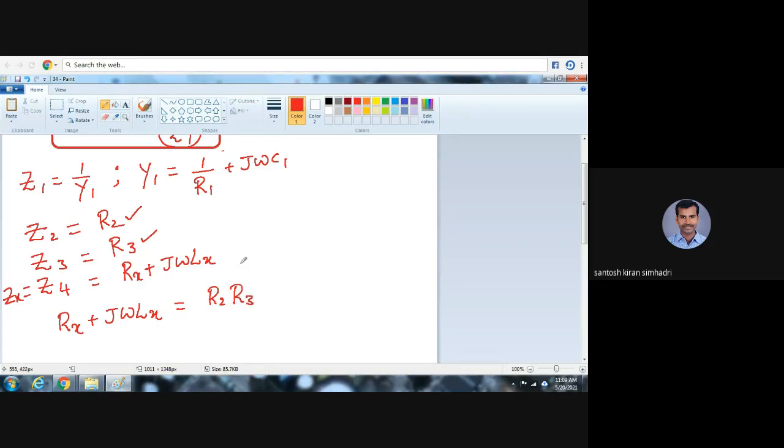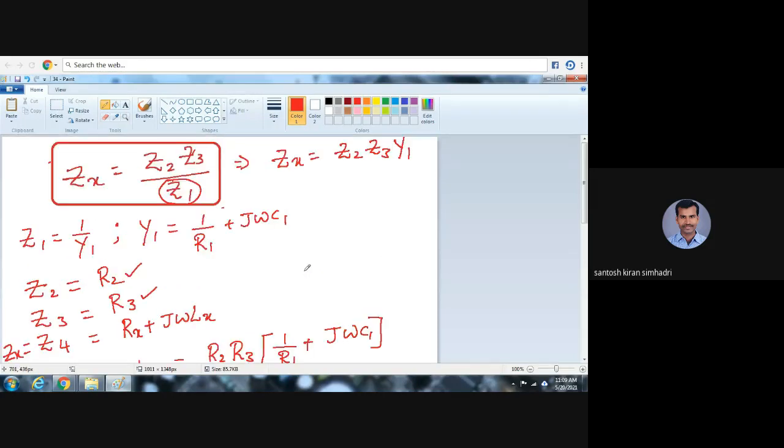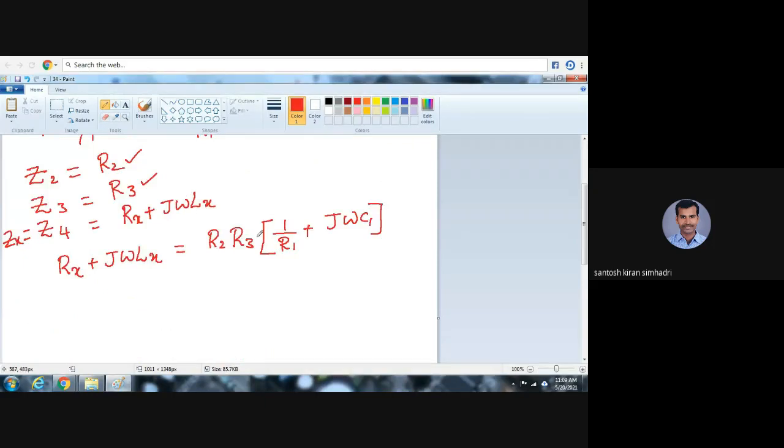In Y1's place, I substitute the following expression: 1 by R1 plus J omega C1. This is the finalized expression I substitute in equation 1. In equation 1, substitute these impedances.